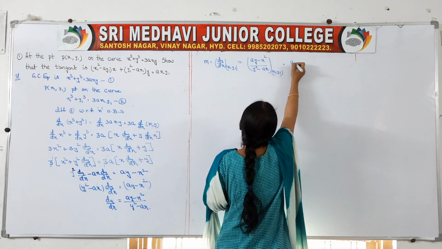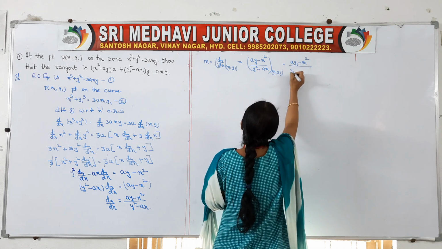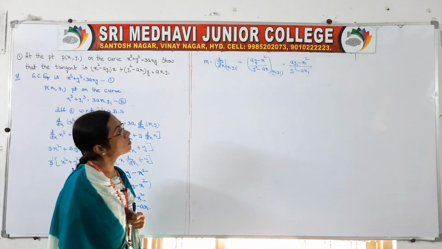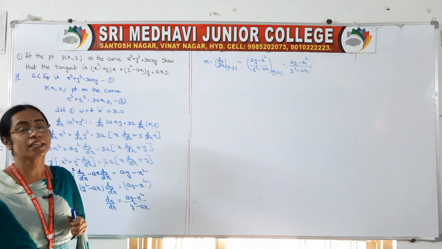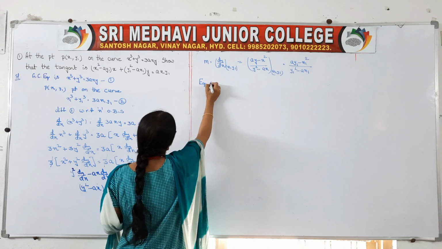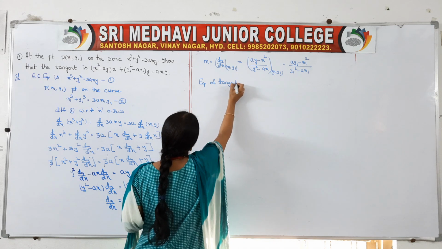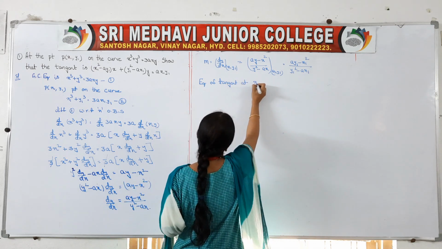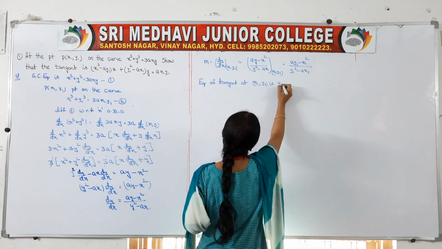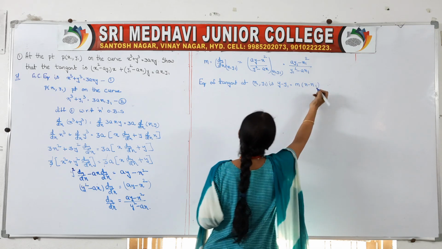So m is equal to ay1 minus x1 square by y1 square minus ax1. Once we got the m value, we have to write the equation of the tangent. So equation of tangent at x1, y1, what is the formula? y minus y1 is equal to m into x minus x1.